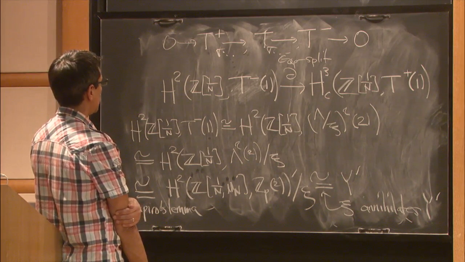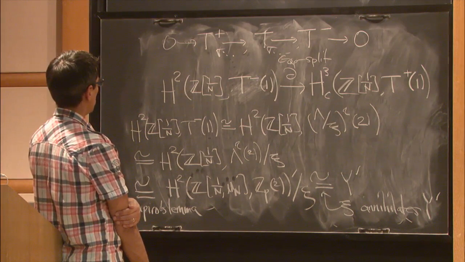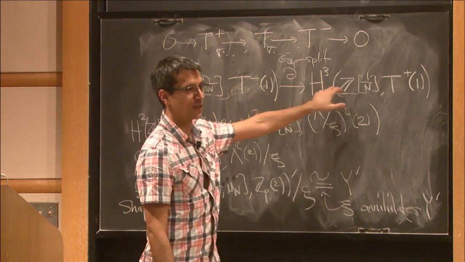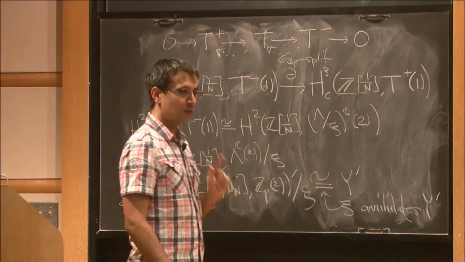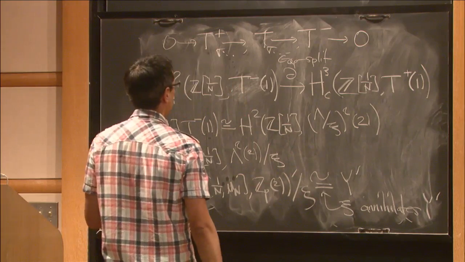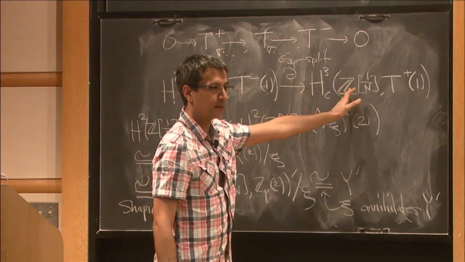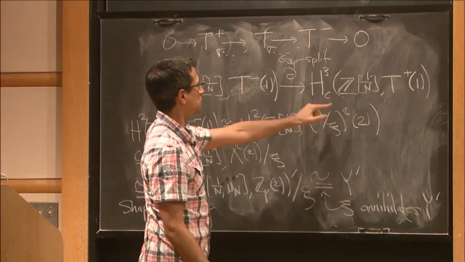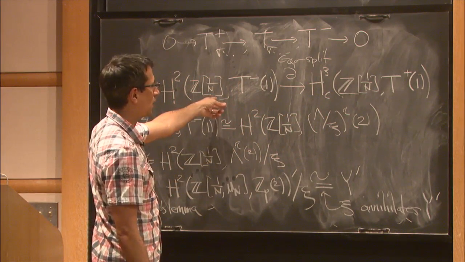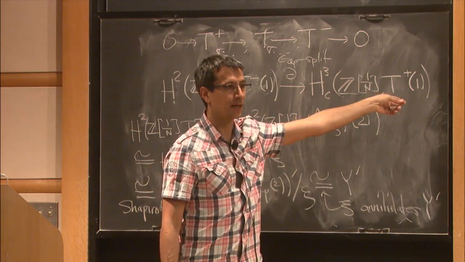No, I don't think that's 0 in general. So what's interesting is, you can actually ask what happens from H1 goes to H2 compactly supported. Turns out, and this is part of what Fukaya and Kato use in their proof, when you map from H1 to H2 compactly supported, both of these groups are still isomorphic to the same groups. In other words, this group is still y prime, and this group is still S mod IS.